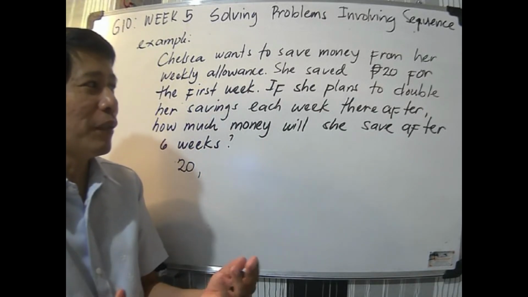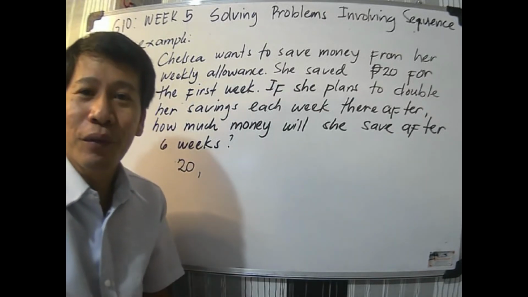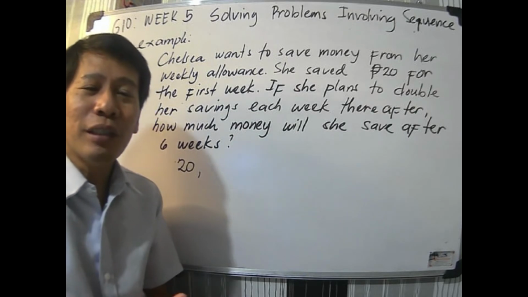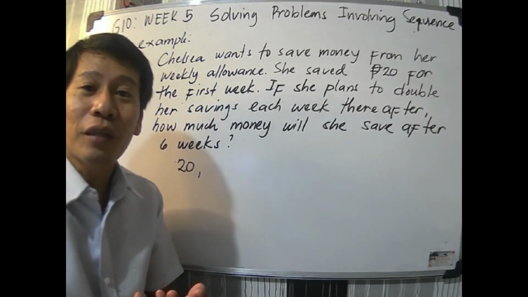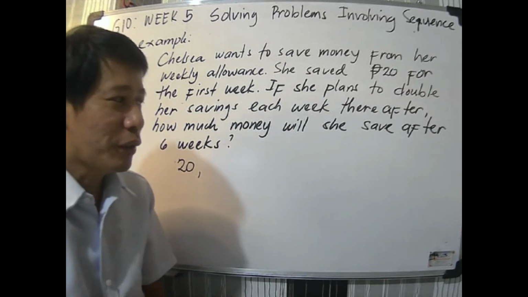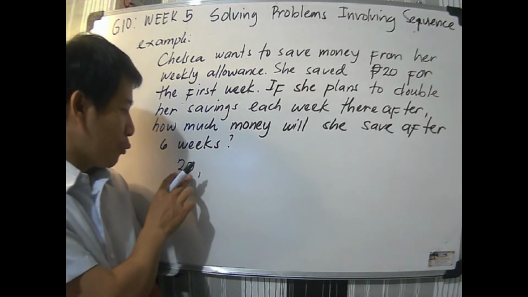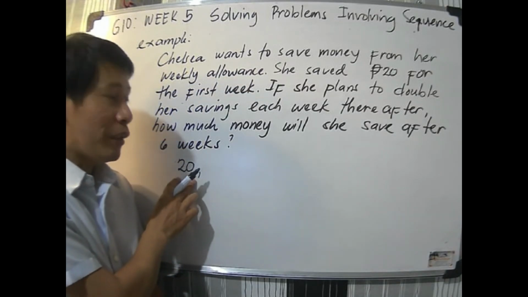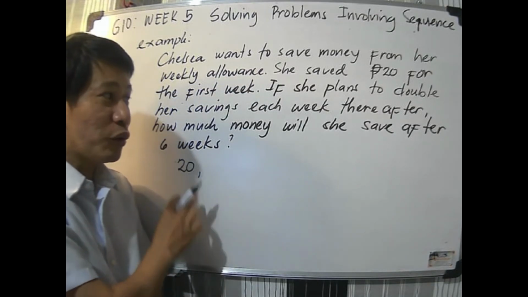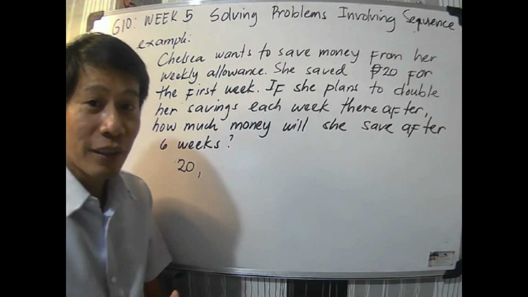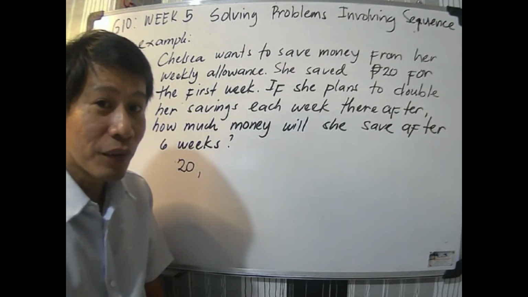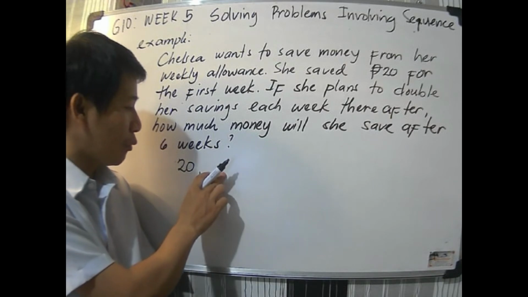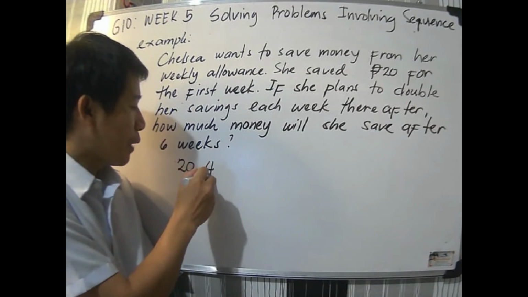Ano ba ibig sabihin pag sinabing double? Okay? So, double means times 2. Dodoblehin. So, in other words, kung sa first week, she saved 20 pesos, sa susunod na week, gusto niyang i-double, ita-times 2 niya, so the second week will become 40 pesos.